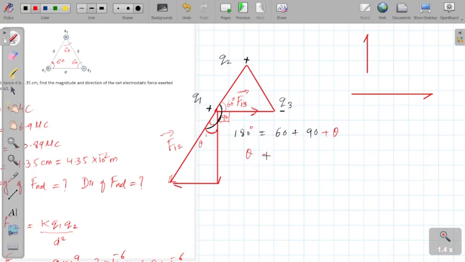So theta is 180 minus 150, which becomes 30 degrees. So this angle is 30 degrees.